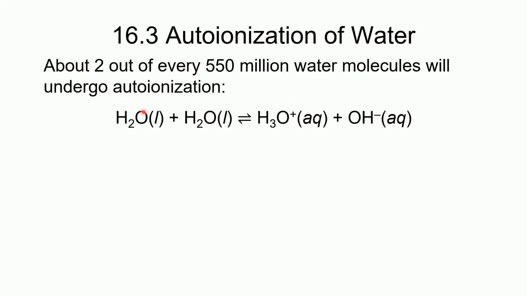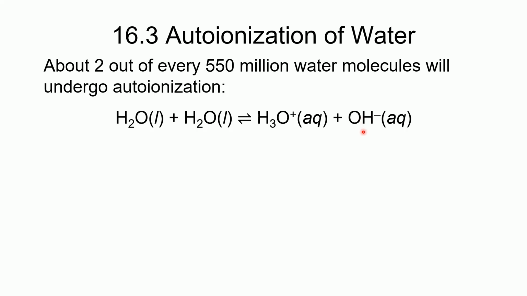Well, we will find that if you've got pure water at 25 degrees Celsius, about 2 water molecules out of every 550 million of those water molecules will dissociate to give you hydronium and hydroxide. So it's not very many, but it is enough that it is something that is measurable.